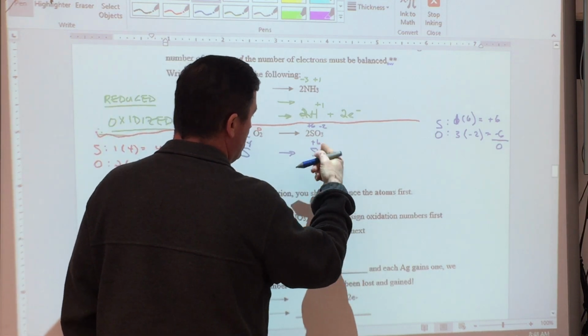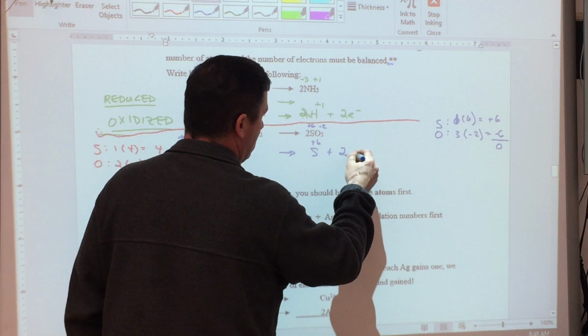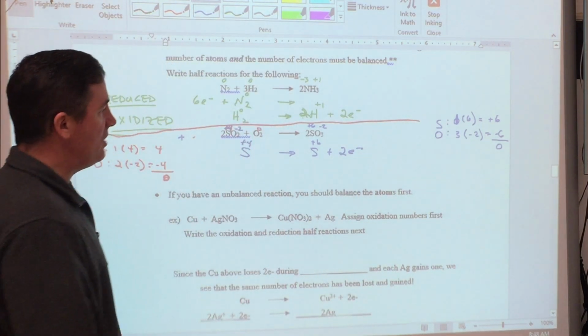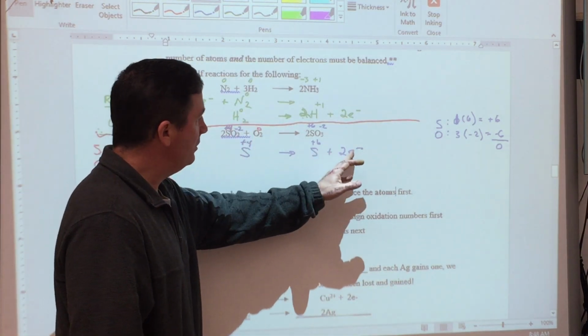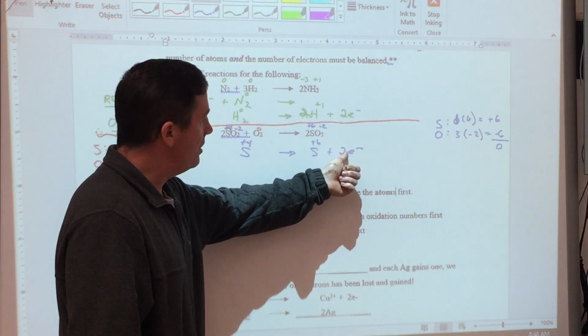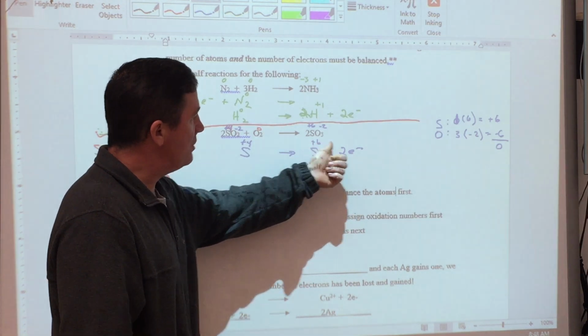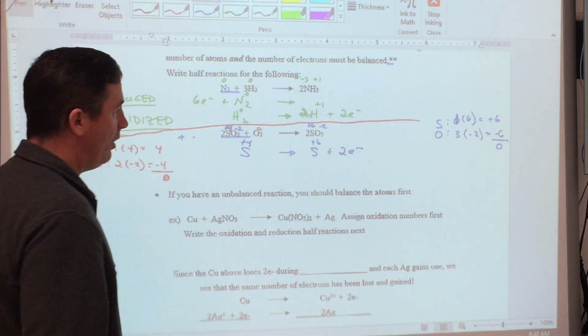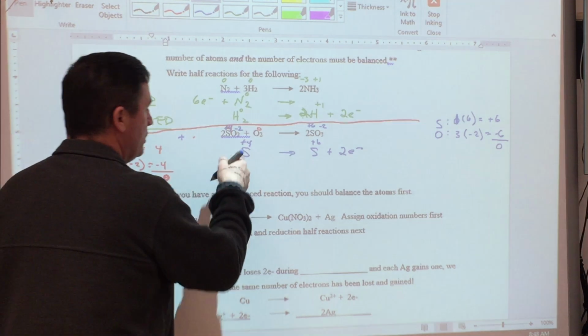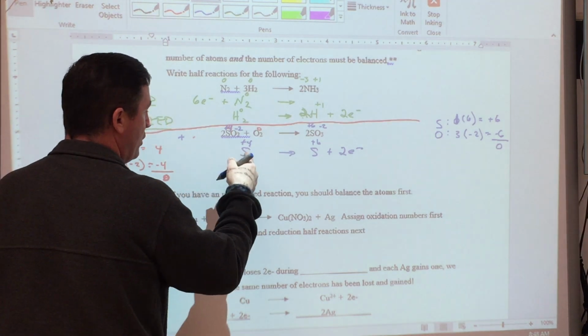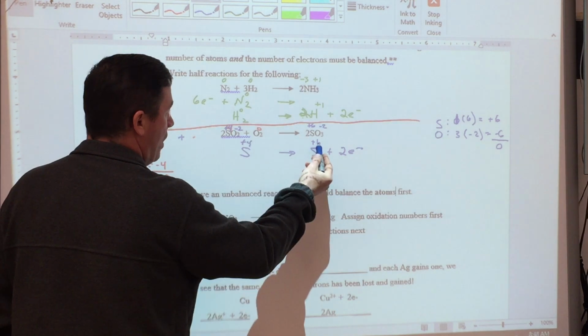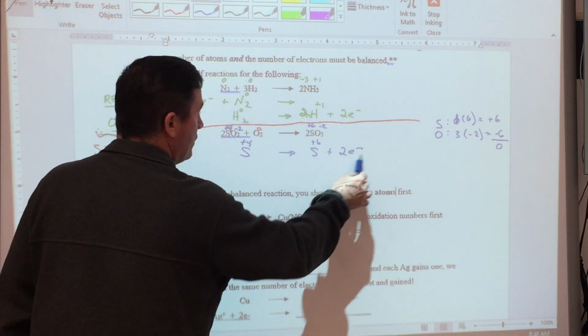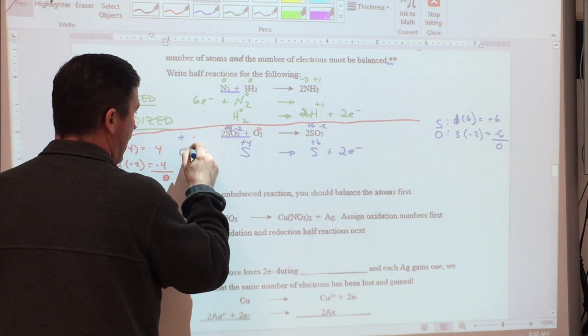So I need to reduce this by putting 2 electrons on that side. So sulfur is a positive 6. 2 electrons, take that away, that's a positive 4, positive 4. Is this gaining or losing? Is this an oxidation or reduction? Well, the oxidation number goes up, and it has lost the electrons. So this is an oxidation.